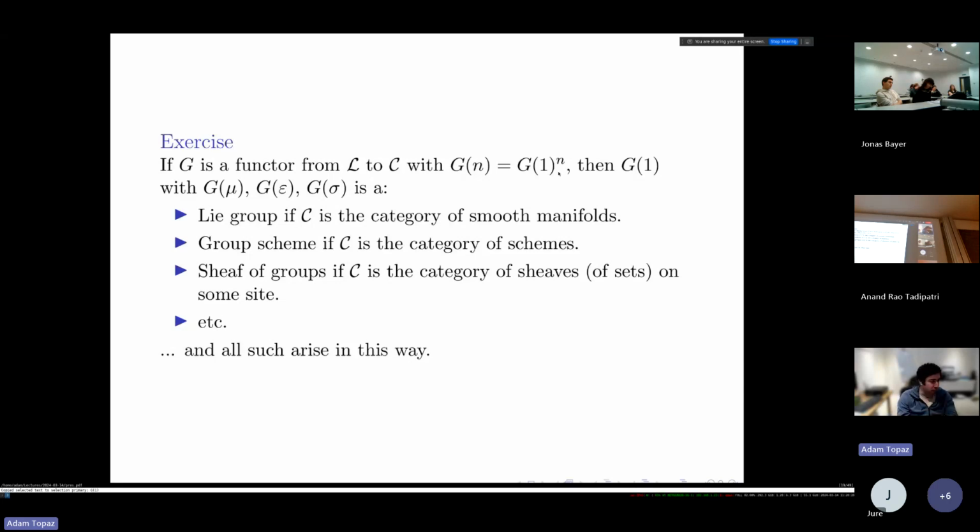But imagine you want to talk about the notion of a module over a ring. In that case, you would have two sets involved: the set underlying the module and the set underlying the ring. You have some operations and axioms that tell you that the ring is a ring, some that tell you the module is an abelian group, and then some additional operations and axioms that tell you that the module is a module over the ring. That would be an example of a two-sorted algebraic theory.